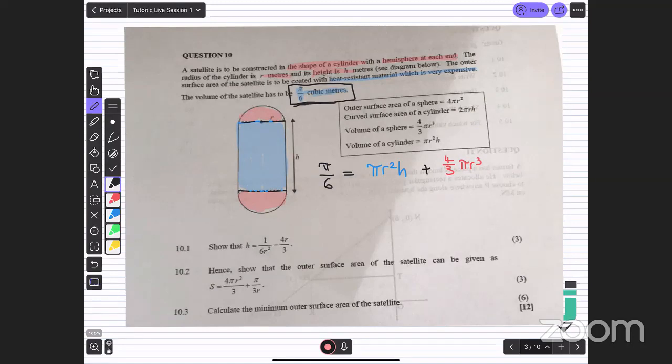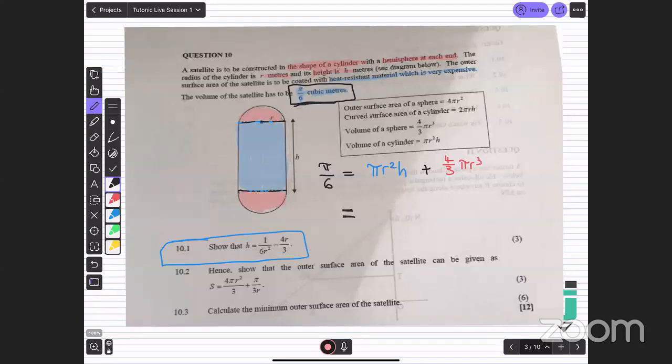And look at the first question. Show that h is that. How can we do that? You make h the subject of the formula. So what can we do to make h the subject?